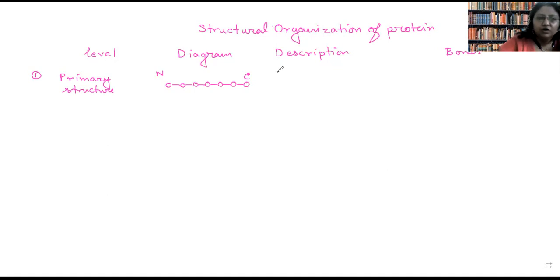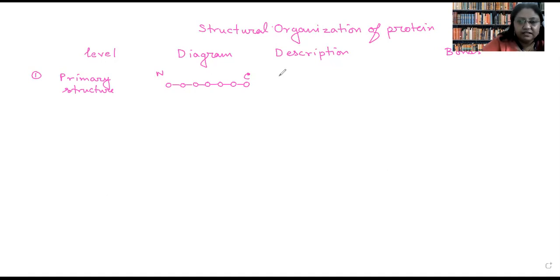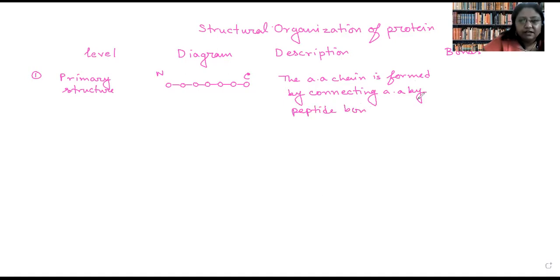Now, if I ask you to describe this, you can write: the amino acid chain is formed by connecting amino acids by peptide bonds.